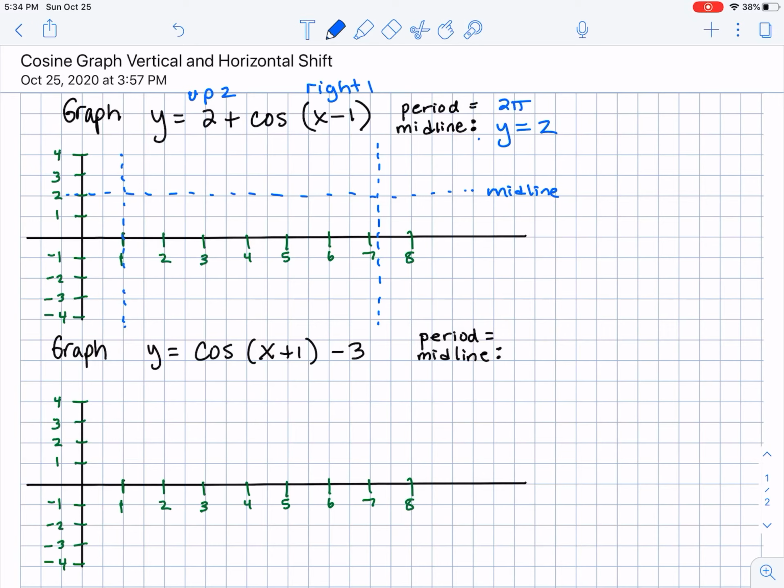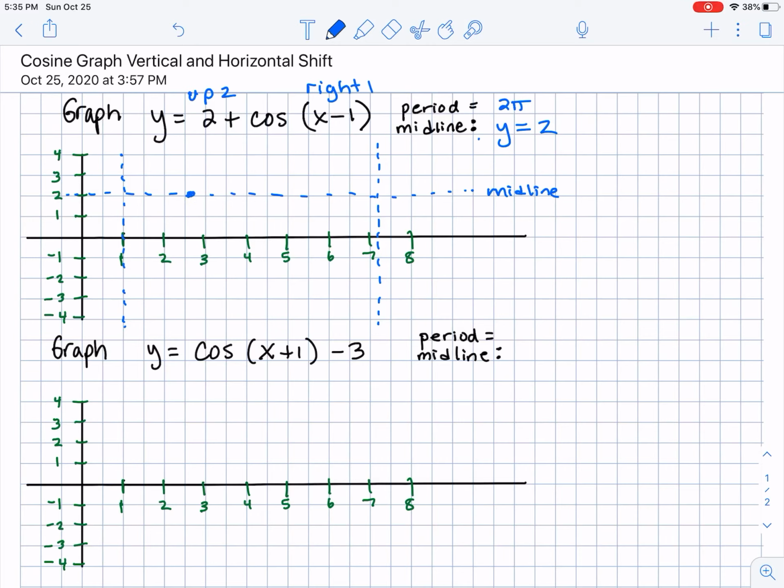So using our midline as where our zeros would be, we have zeros at 1.57 normally for a cosine function and 4.71. So if I take the 1.57 and move it right 1, that's going to be at 2.57.